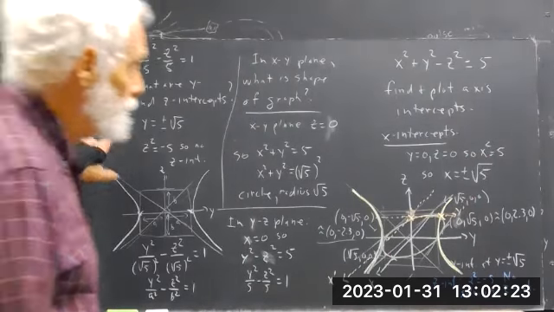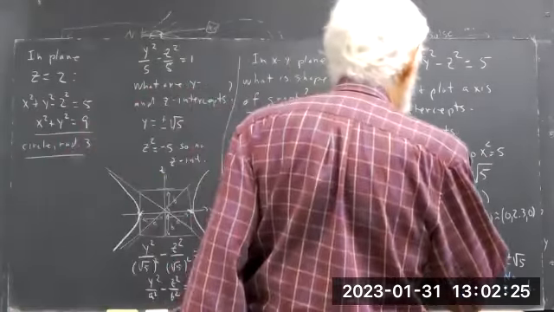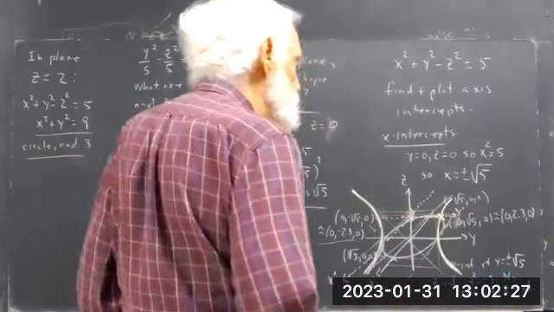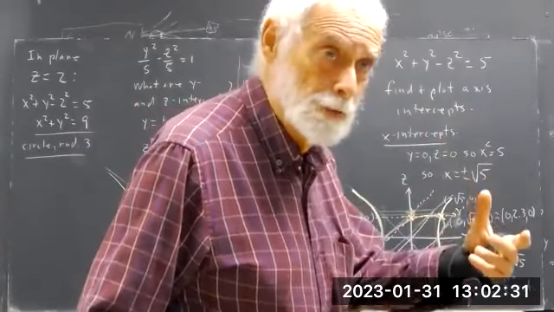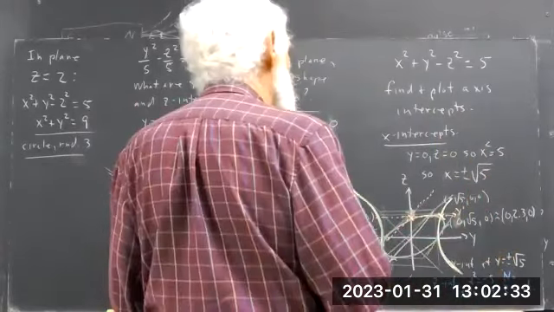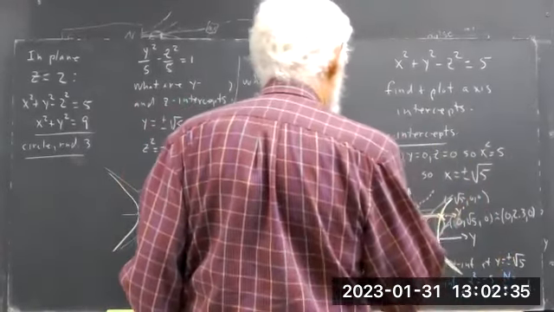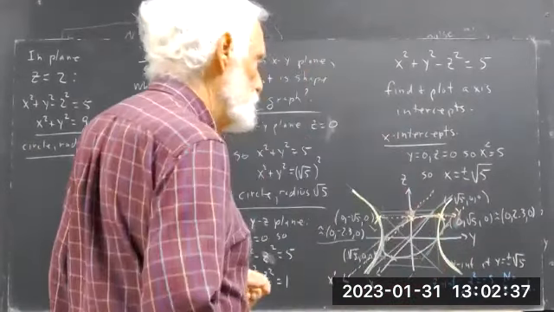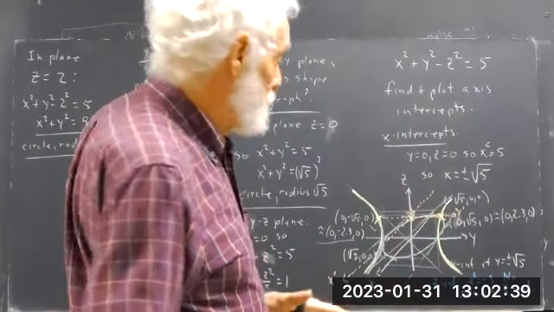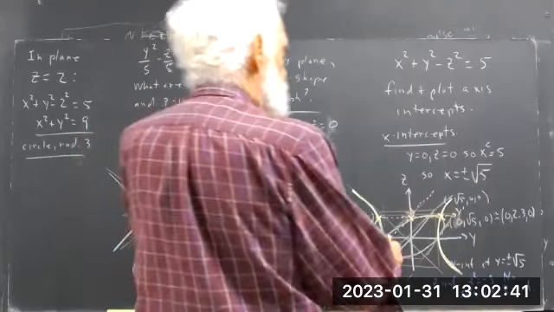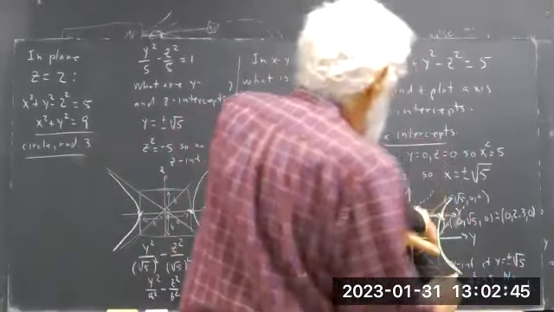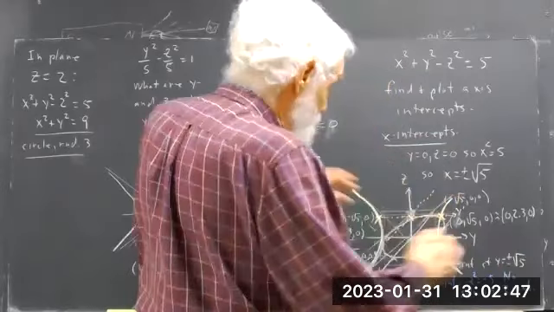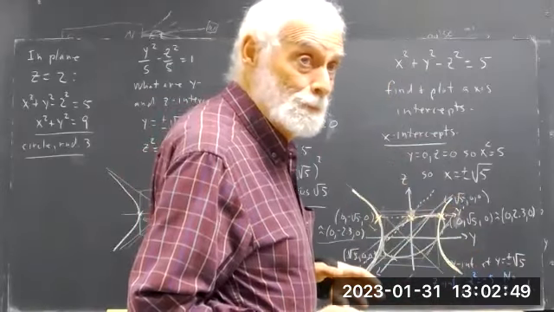So this point here has to be 0, 3, 2, I'm sorry. And this point over here has to be on the hyperbola. It's going to give you a circle, but the circle is going to be a little bigger than this, because the hyperbola curves back here and forces that circle to be bigger.